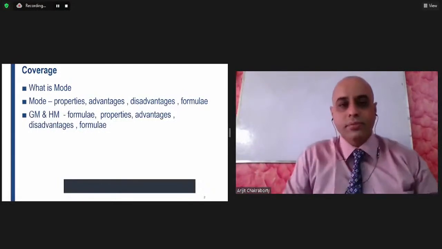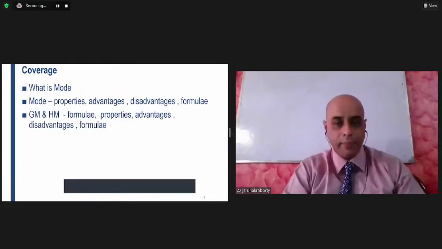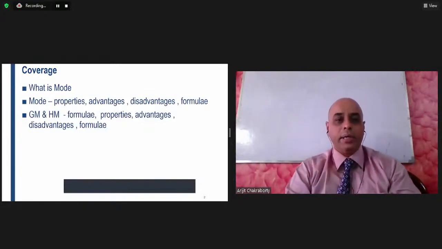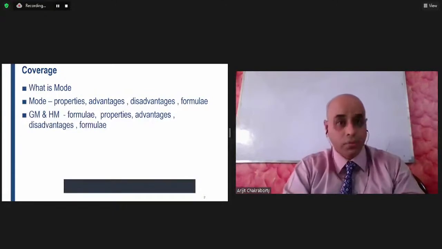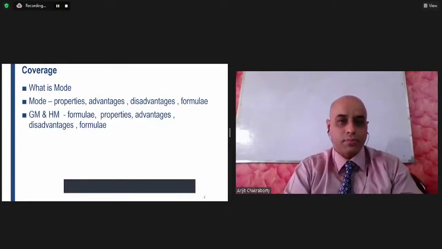Now in the last session, we had already completed discussion of arithmetic mean, that is AM. And along with that, we had discussed median, which is the mid value. In today's discussion, we will cover geometric mean and harmonic mean. These are two other types of mean apart from arithmetic mean.